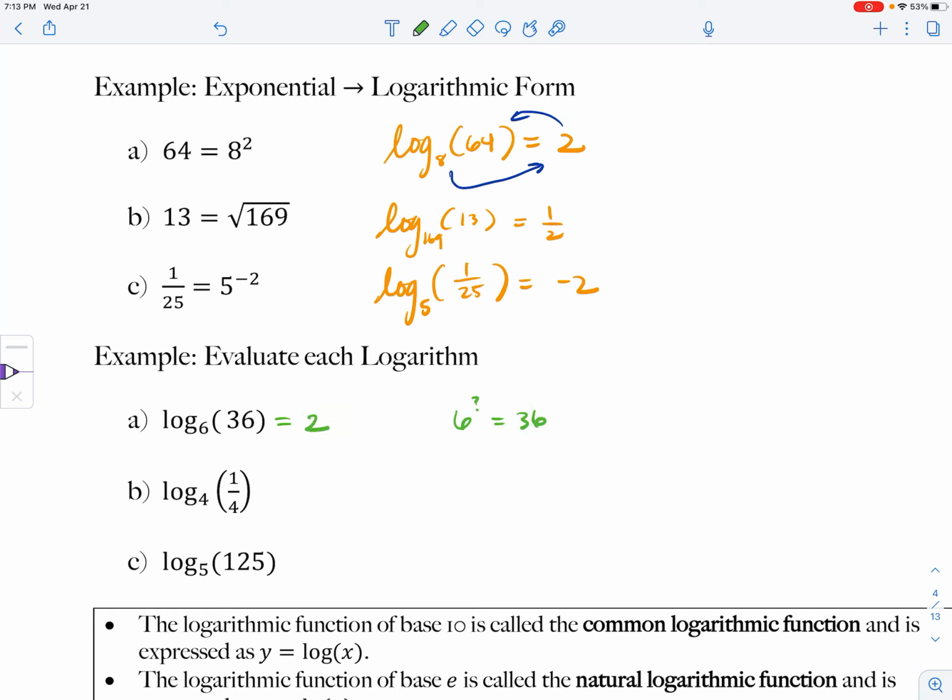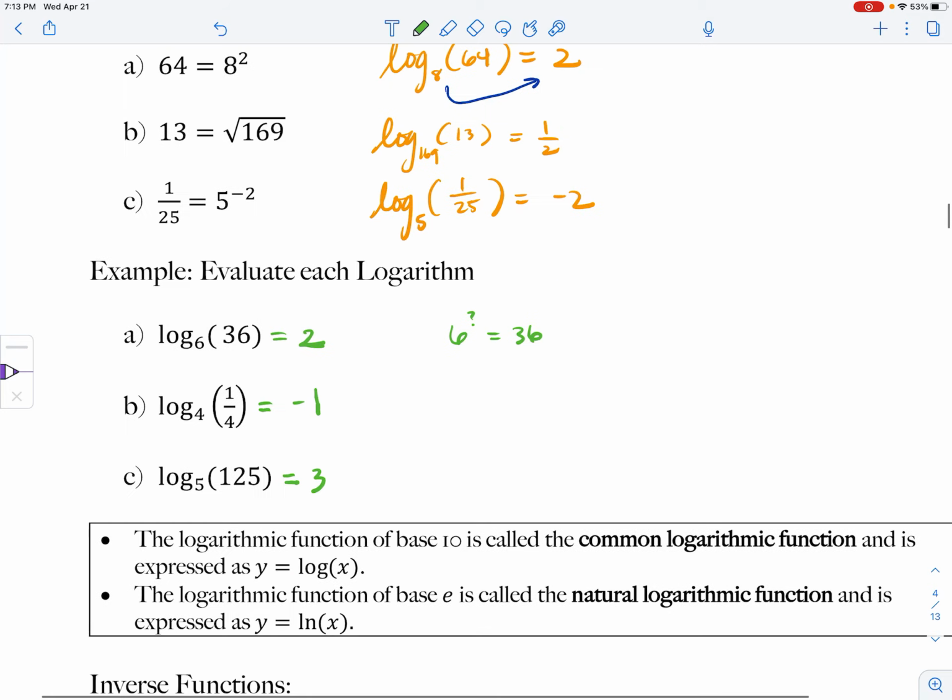And that would be 2. So you're thinking about what power could you raise the base to be equal to the argument of the logarithm. So 4 to what power would be equal to 1/4? Well, that would be -1. 5 to the third power, 5 cubed, is equal to 125. Therefore, log base 5 of 125 equals 3.